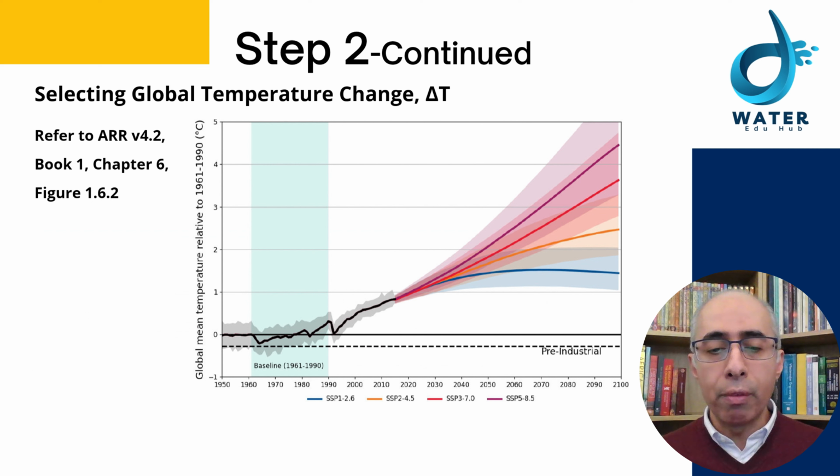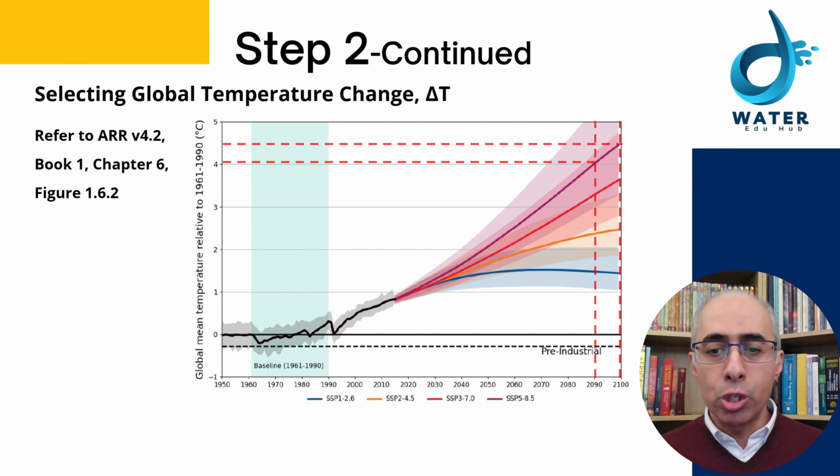For that one, I refer to this diagram. This is basically a diagram that shows the global temperature change for different SSP scenarios. As you can see, it starts from the blue one, SSP1, all the way to the red one on top, which is SSP5. So the last line is the one that I'm interested in. That's actually the median line for the range of SSP5 values that we have.